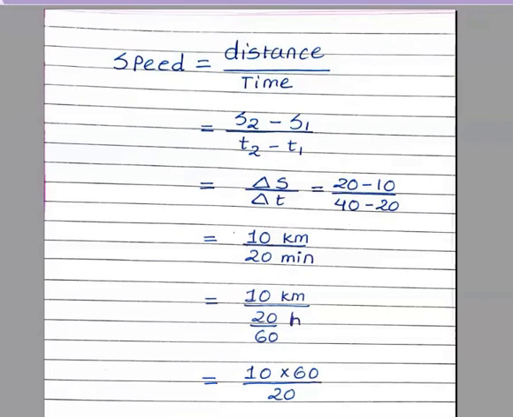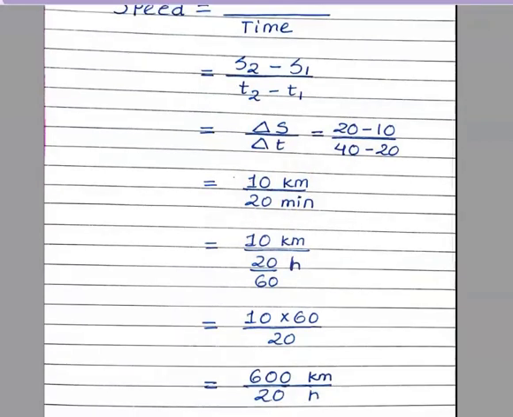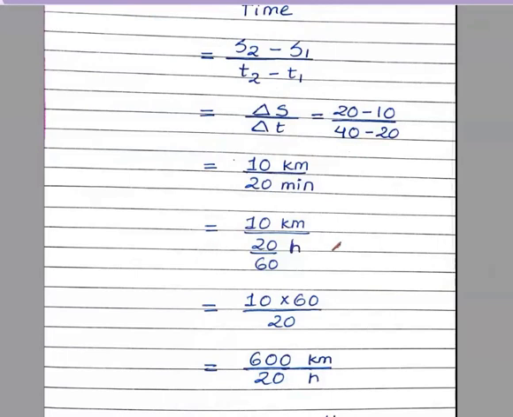Now here we can say 10 upon 20, but this is in kilometer per minute. We need to find out kilometer per hour. So this 20 will be divided by 60 so that we can convert it into hours. Now this 60 is in the denominator, it will go in the numerator.